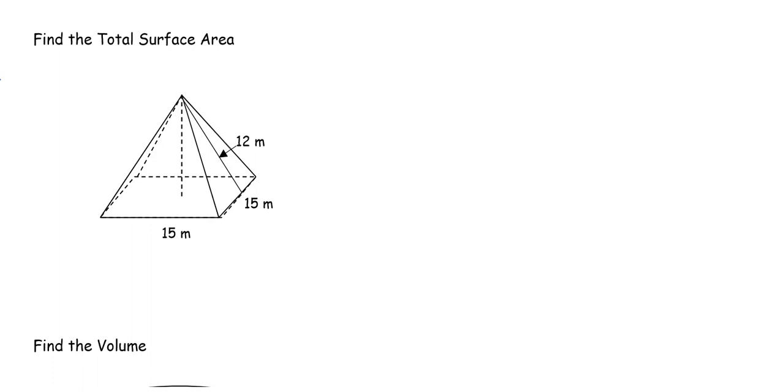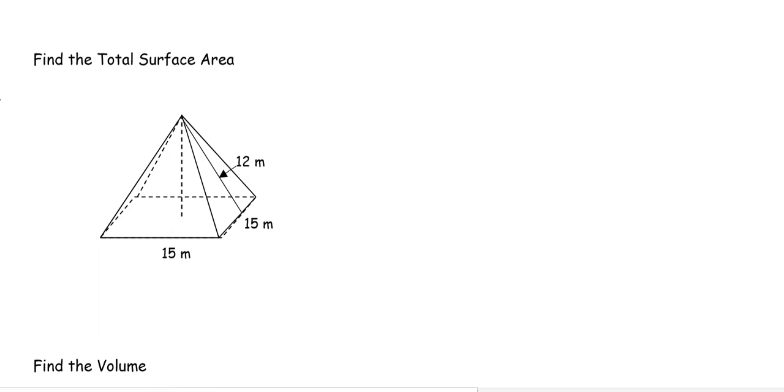For the total surface area and volume, you need to find the surface area of any shape and the volume of any shape. But everything is going to come down to the same process every single time.